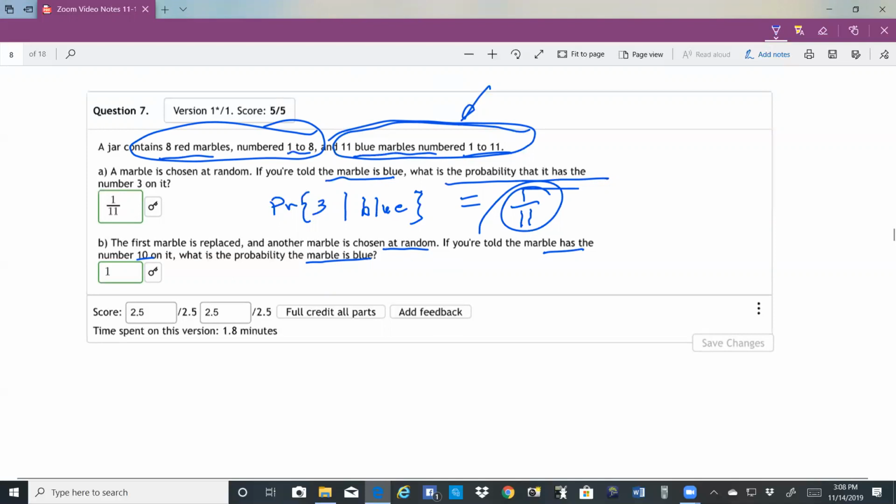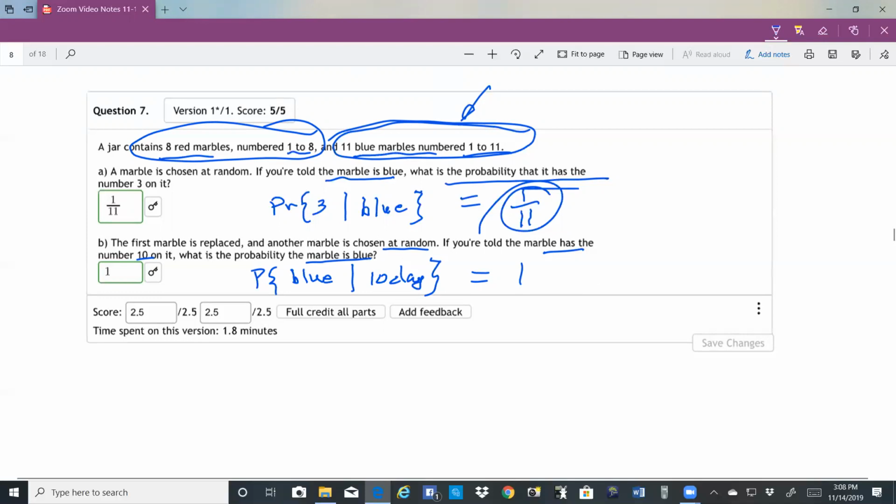So if we're told that it has a 10 on it, the probability that it is blue, given it's got a 10 on it, where the blue ones only are numbered, including 10, it's just going to be 1. It's the only one that could possibly be. It's got to be blue. It couldn't be a red because the reds did not have a number 10.